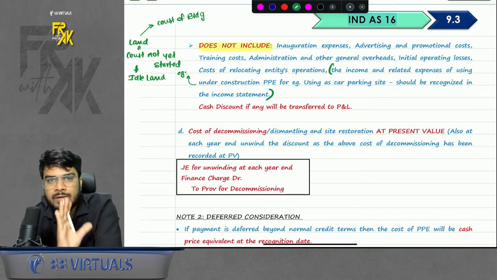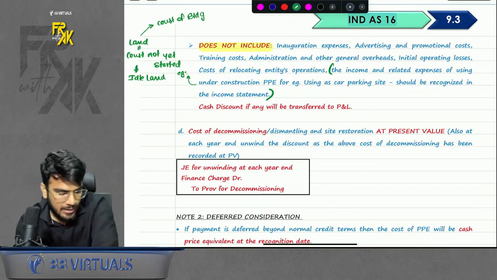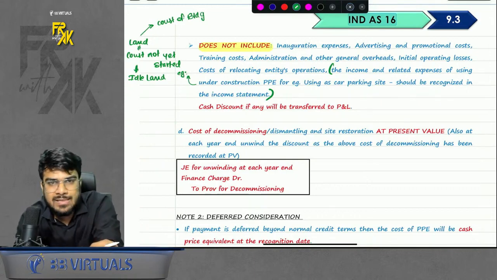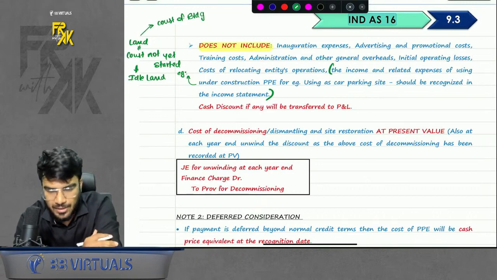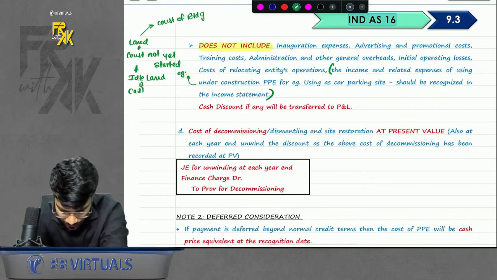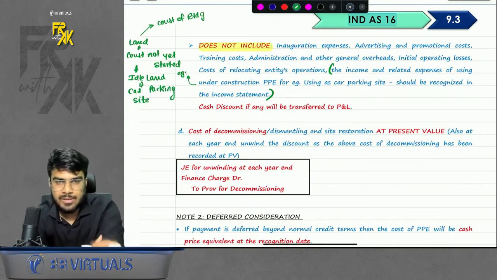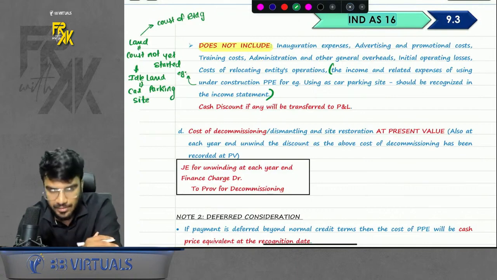So what can I do with this idle land? Generally, one of the things I can do with this land is, in Mumbai it is very famous, whenever there is any idle land, they create a parking site out of it. They made it a car parking site till the construction of the building starts, right?